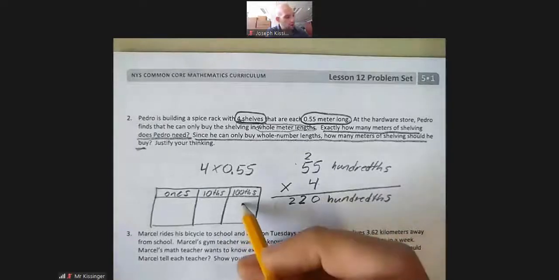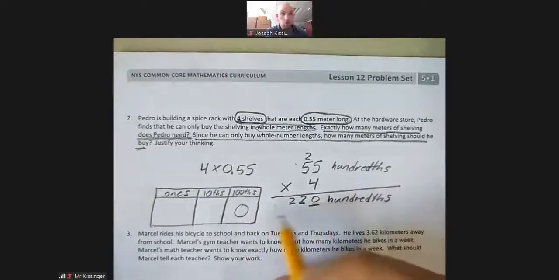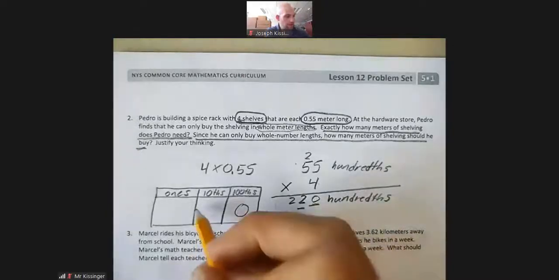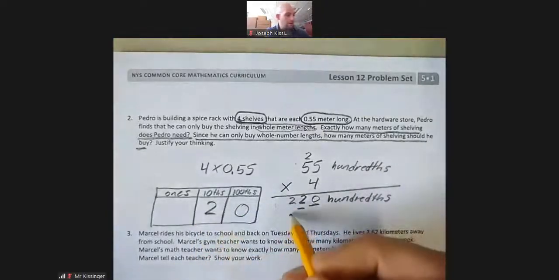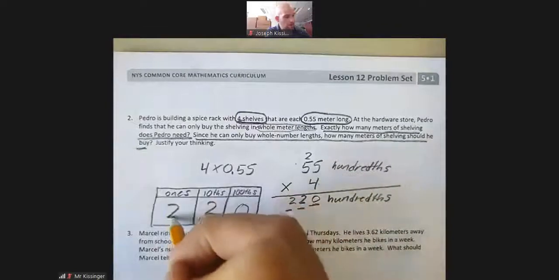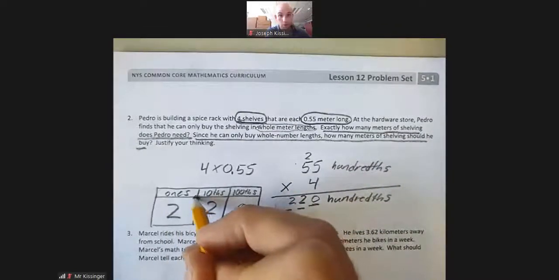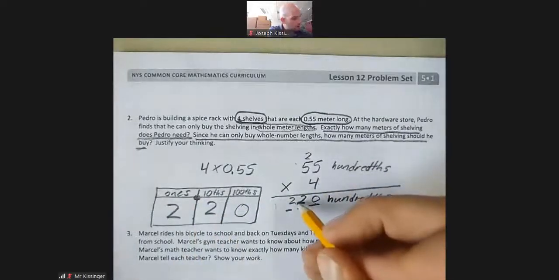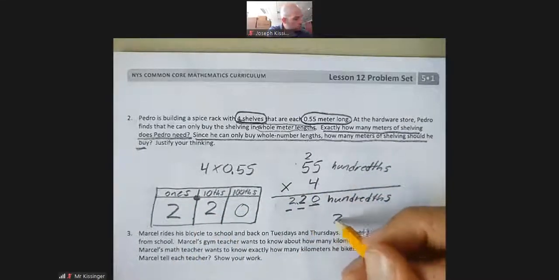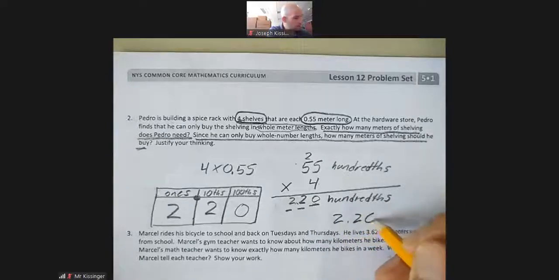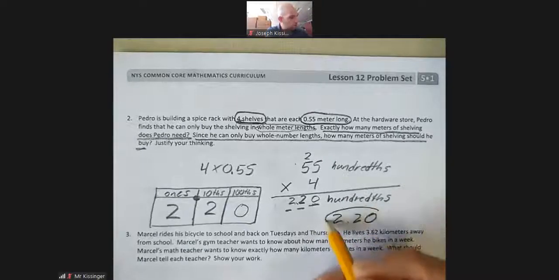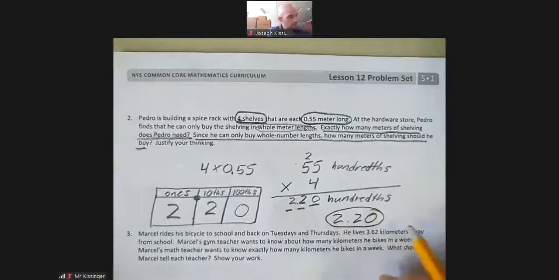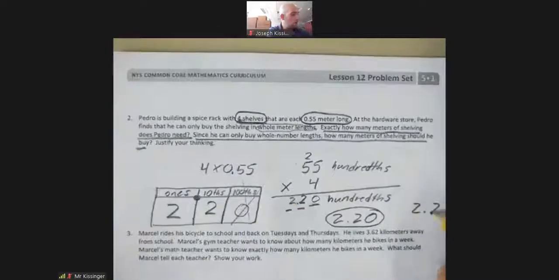So we have 0 in our hundredths place, 2 in our tenths place, and 2 in our ones place. Our decimal point is right here between our ones and our tenths. So we end up with 2.20, or 2 and 2/10. Because we have a 0 in our hundredths, we can take that right off, and it could just be 2.2 as well.